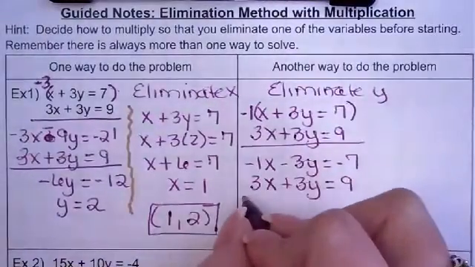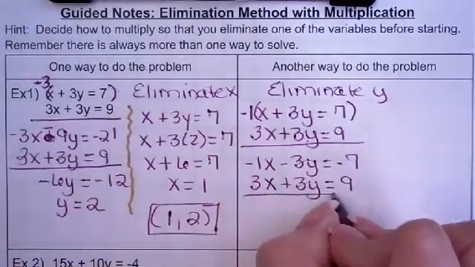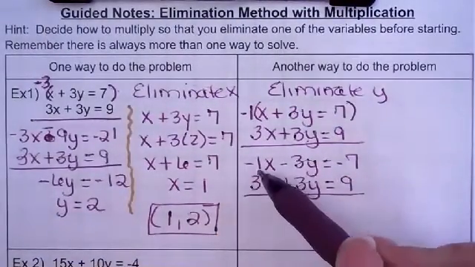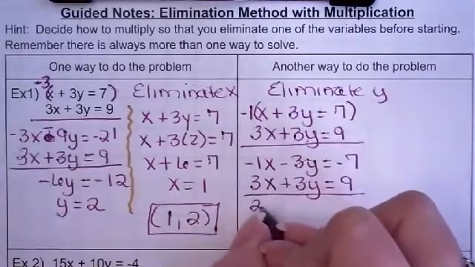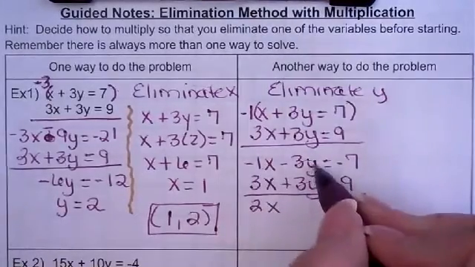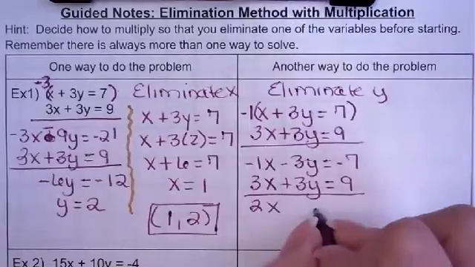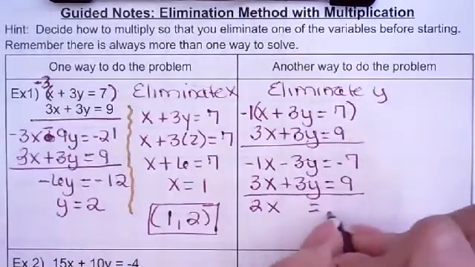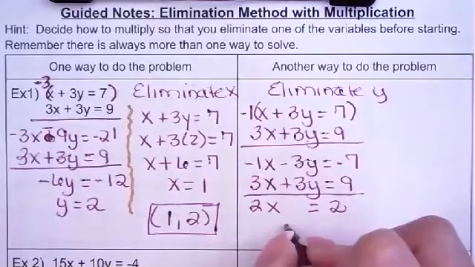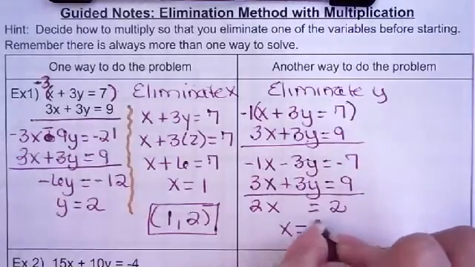Put my line under here and let's combine. Negative 1x plus 3x is 2x. Minus 3y plus 3y, that's 0, cancels out. Negative 7 plus 9 is 2. When I divide, I get x equal to 1.